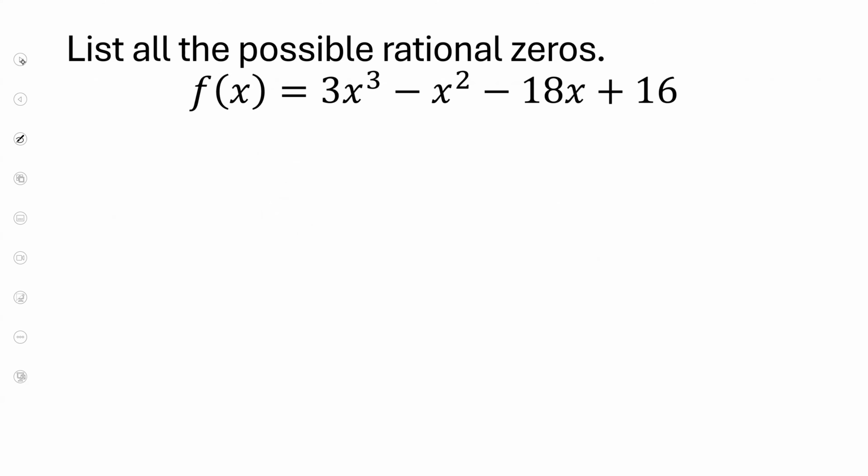Okay, let's try this one. P over Q. Remember, the constant represents P. This is your constant term. And Q represents your leading coefficient. So let's make a list.